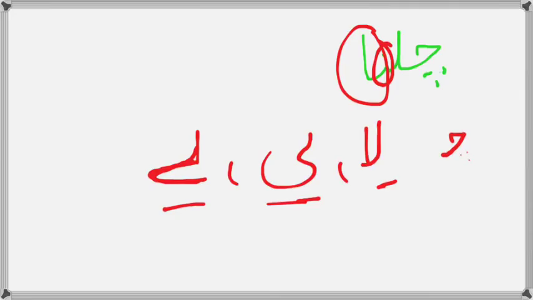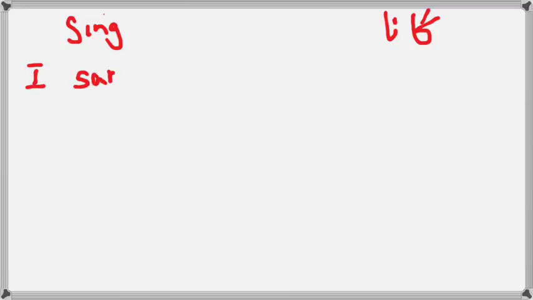Now we will make different sentences using different pronouns in simple form. Sing is to Gana. Sing means Gana. And in English we write I sang. In Urdu we say मैंने गाना, or Gana is to sing a song.